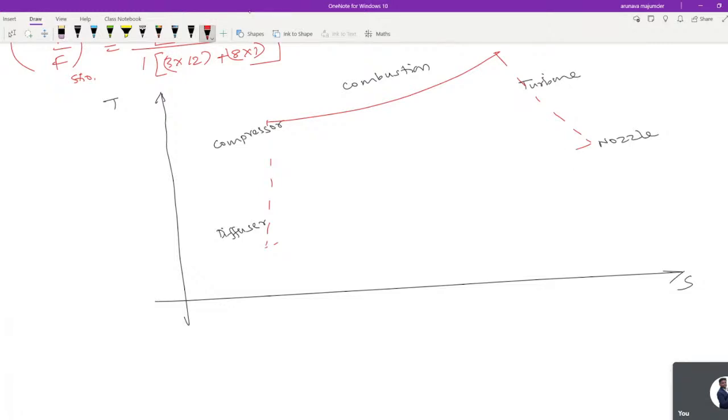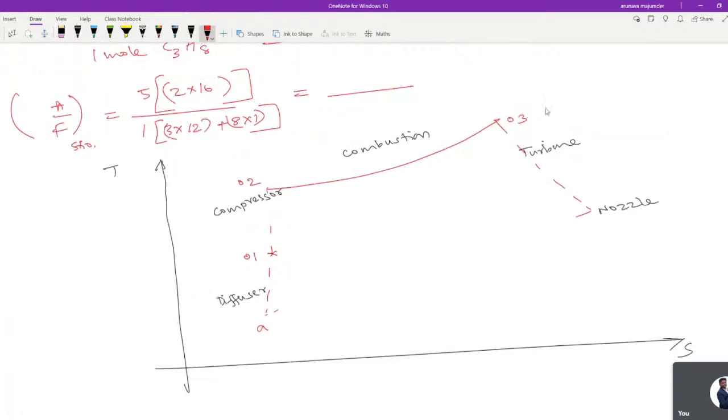Let's consider that when it enters, it is point 0, and leaves the diffuser at point 1. Now 1 to 2 is the compressor, 2 to 3 is our combustion chamber, 3 to 4 is our turbine, and 4 to 5 is our nozzle.